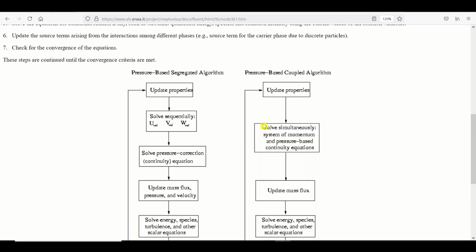In the segregated algorithm, we are solving the governing equations one after another. In the coupled algorithm, we are solving them together, and this increases the memory requirement, whereas the segregated one doesn't require a huge memory. But the convergence time for the segregated algorithm will be higher, whereas for the coupled algorithm the convergence time will be lower in comparison.